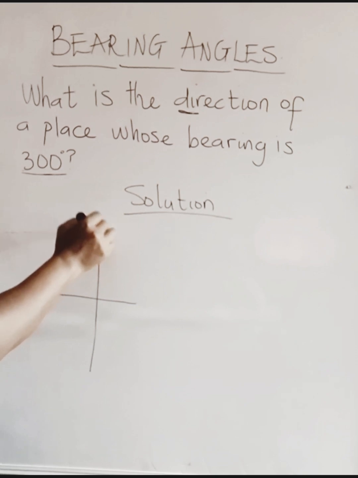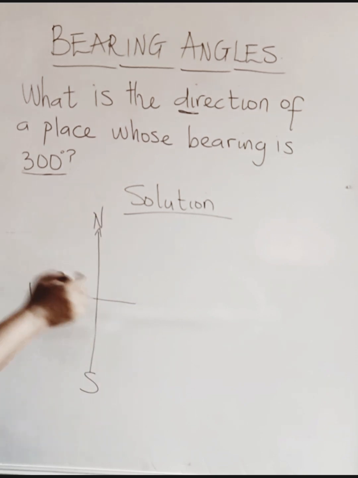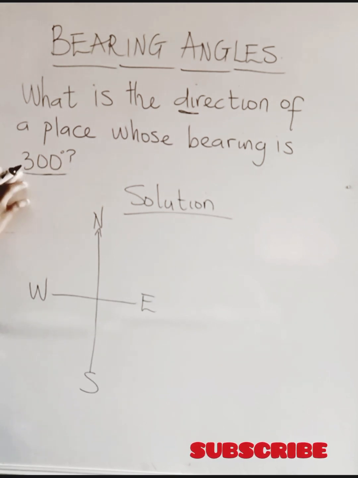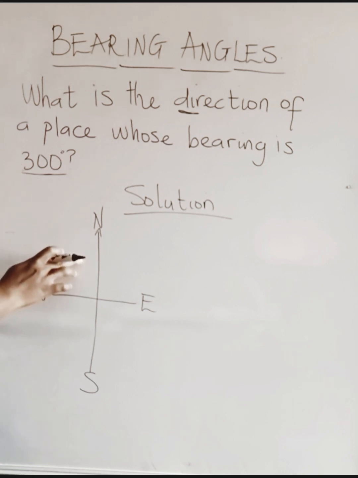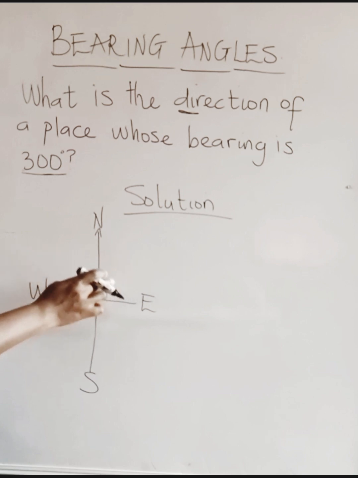We have upwards as the north, we have south, we have west, and we have east. A place whose bearing is 300 degrees. Remember, I told you this is a three-digit bearing, and three-digit bearing starts measurement from the north and goes in a clockwise manner.